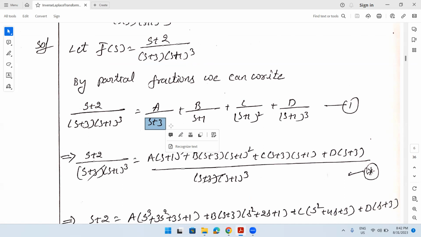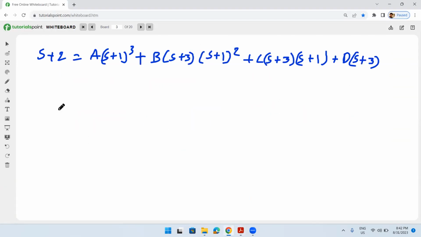s equal to minus 3, s equal to minus 1, as it is we take. If s is equal to minus 3, then minus 3 plus 2 is equal to, the coefficients of B, C, D become zeros.